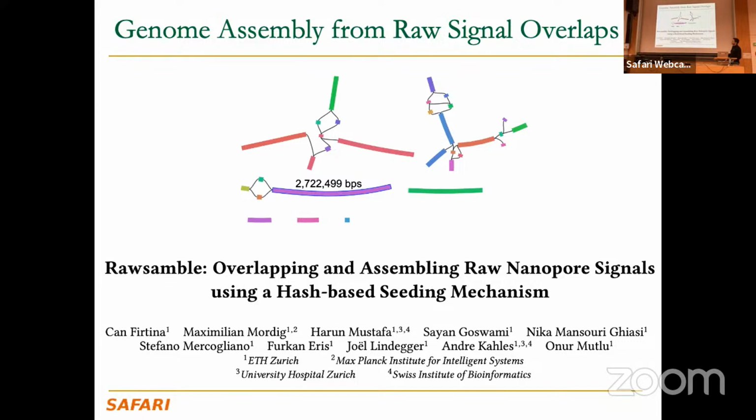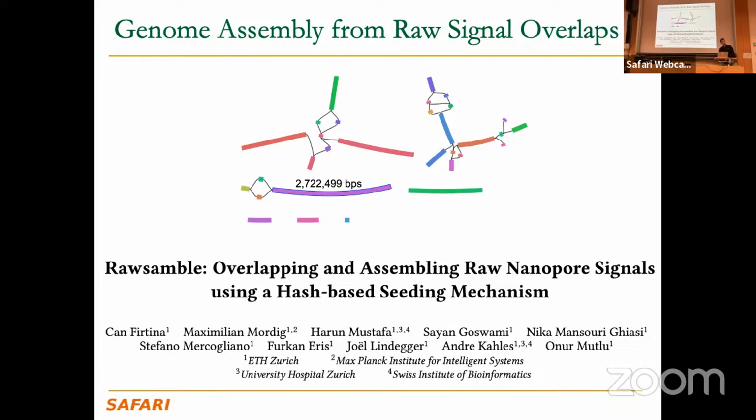2.7 million. And as I showed you in the earlier part of this lecture, the E. coli genome is around 5 million bases. So this single piece is constructed by simply looking at the overlaps between raw signals, and the length is 2.7 million. The average read length in this particular database is around 6,000 bases.